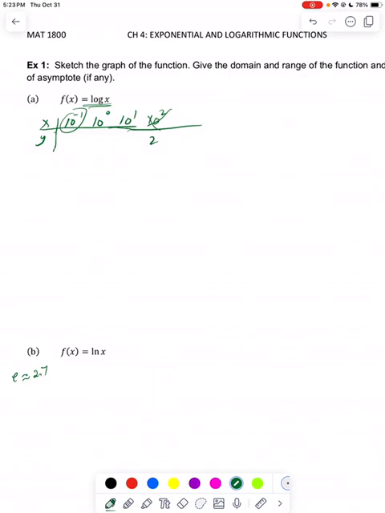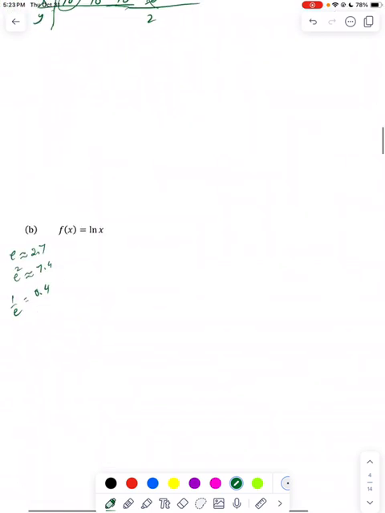And what is e square if you want? I think it was 7.4. So what about 1/e? That was 0.04. So you can check that and then do the problem, okay? So I'll let you guys do, and then I'll come back and show. We will check if your graphs are same as my graph.